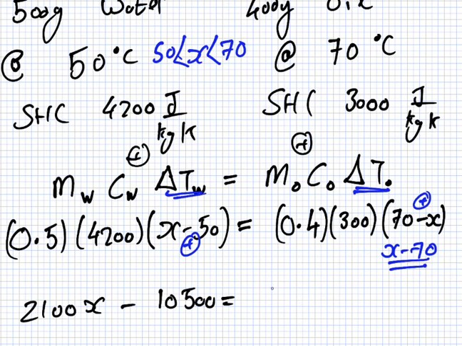Is it 8,400 or 84,000? You said 84,000. The specific heat capacity is 3,000, not 300, that's my mistake. It should be 3,000, so then 84,000. Alright, my bad. 84,000.